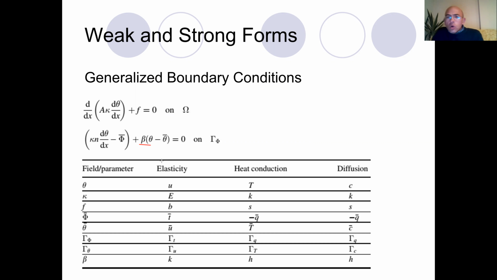Therefore, we can define the whole boundary as if it is a Neumann type boundary condition. So as if there exists some stress type or heat flux type boundary there, even though the displacement is prescribed there.